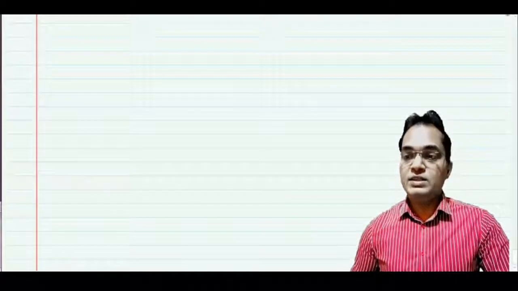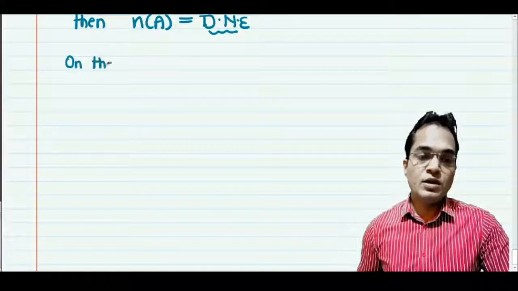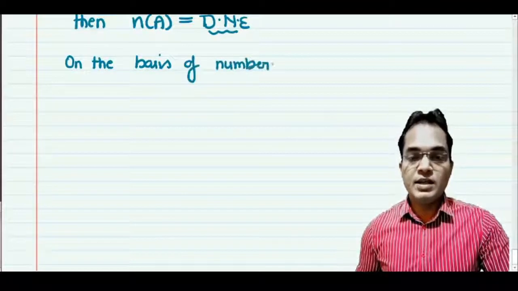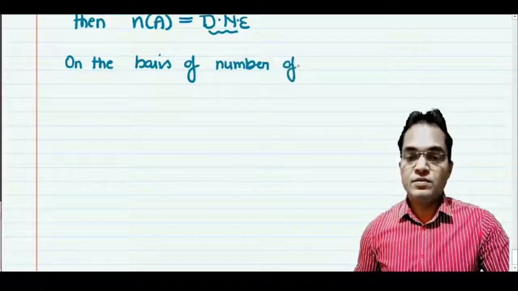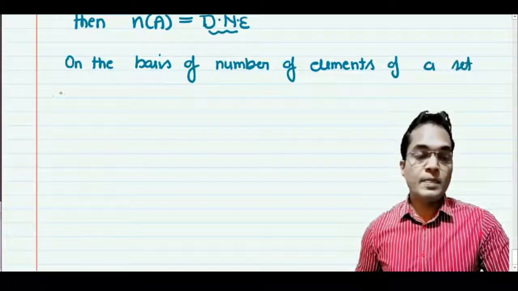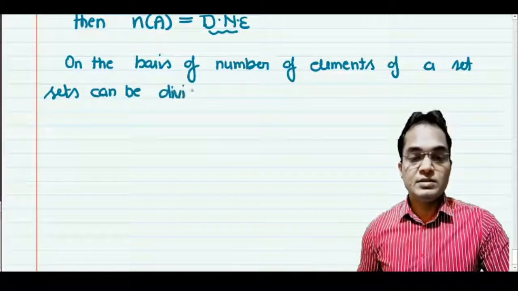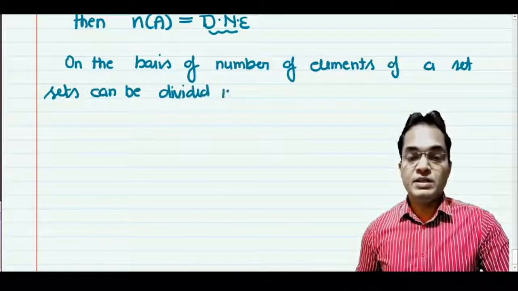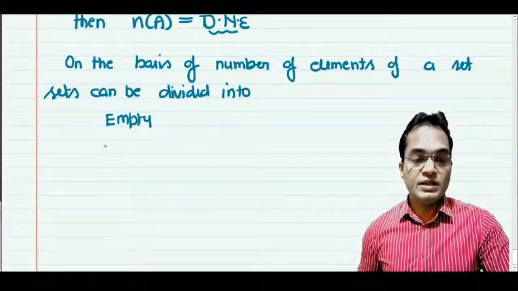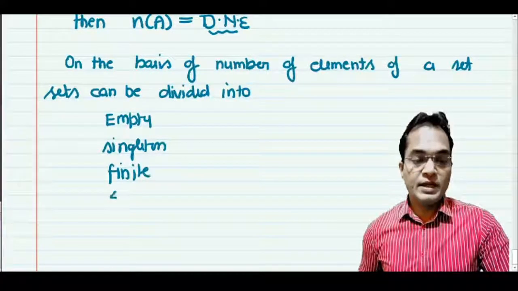Till now, in the above discussion, we can say that on the basis of the cardinal number, or number of elements of a set, sets can be divided into empty, then singleton, then finite, then infinite.